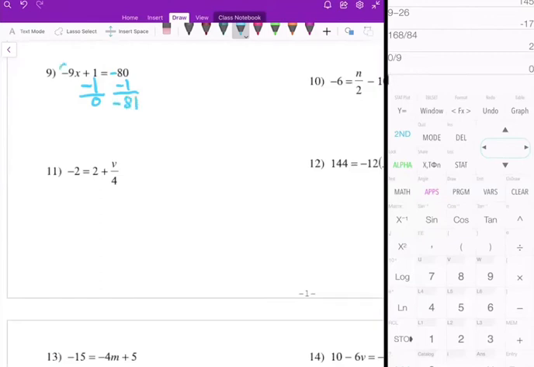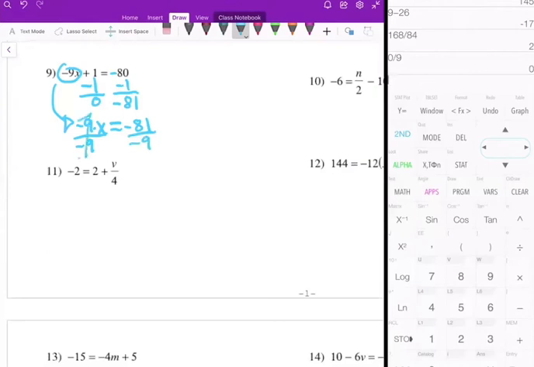Now, I bring down my -9x. -9x is equal to -81. Now, I want to get rid of that -9. This is being multiplied, so the opposite of multiplication is division. So I divide by -9 on both sides. -9 divided by -9 is just 1.